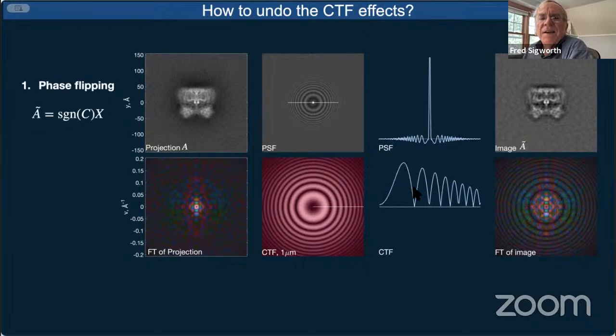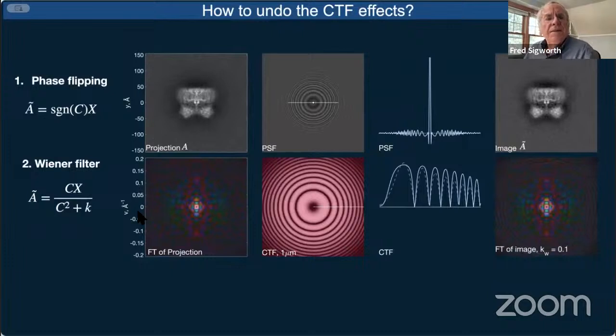So this is -1, +1, -1, +1. We just multiply the CTF by those numbers. And what it means is we can take an experimental image and multiply it by this function that is -1, +1, and that will flip the phase of the underlying CTF. And that actually makes things look a lot better. There's less delocalization.